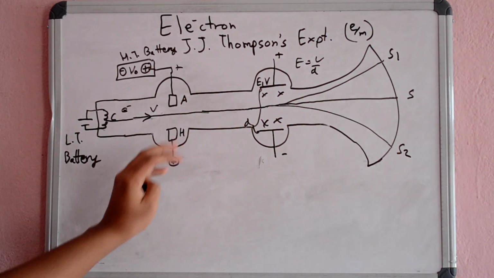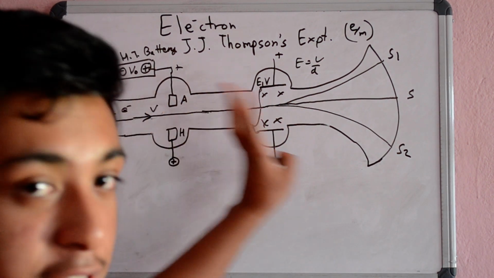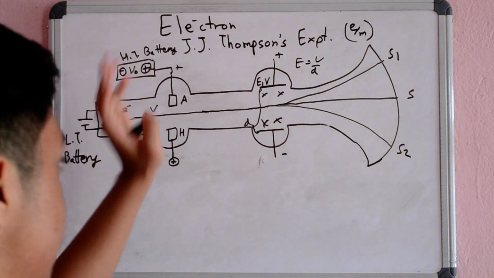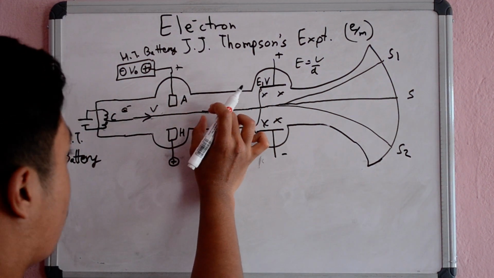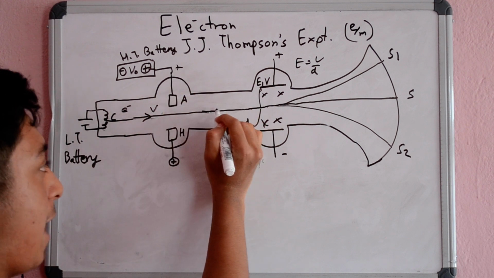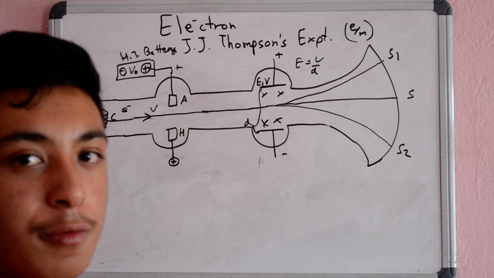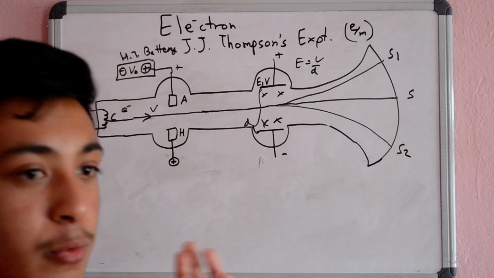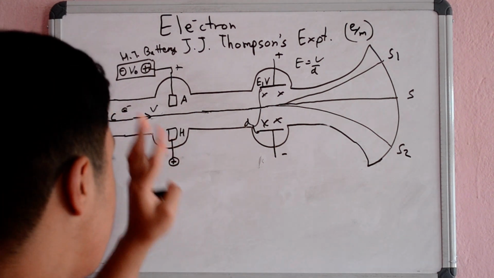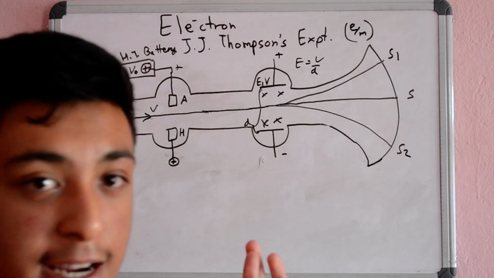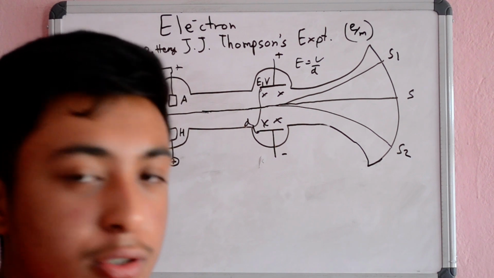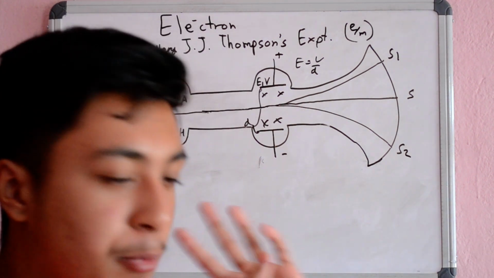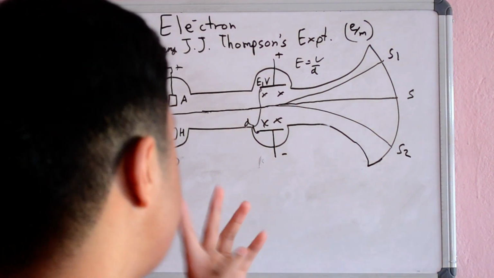And here, due to everything going on in this experiment, the potential energy stored of this electron at any given point will be equal to the kinetic energy of the electron. That means it will gain kinetic energy equal to the potential energy gained by it at any given time.